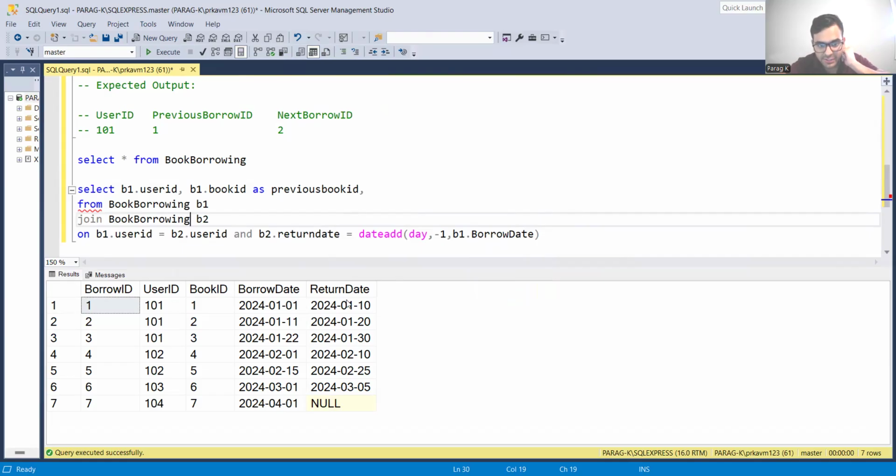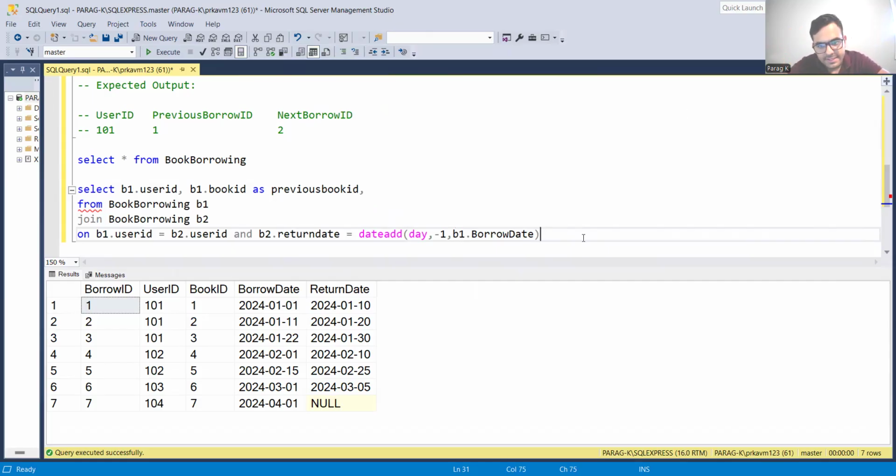So the return date should be equivalent to the borrow date of the first table B1 minus one day. The return date is getting matched with the borrow date minus one day, so it will be able to do a good match. That is the entire logic behind this.